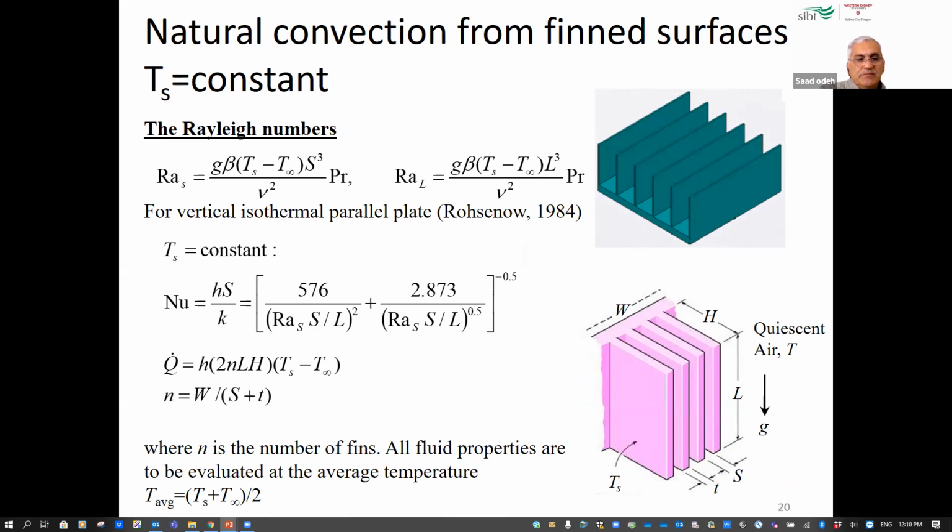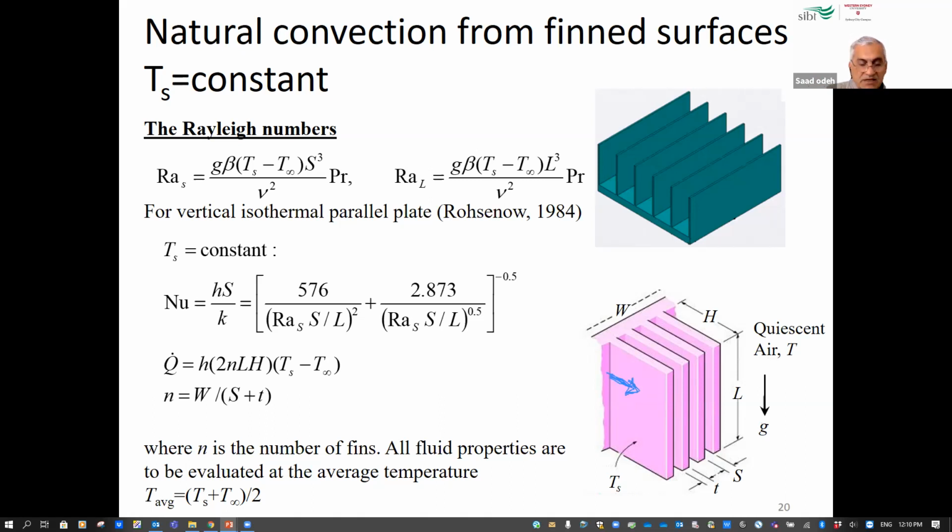And also it has some information about natural convection from fin surfaces. You remember before we talked about fins in conduction heat transfer, and we studied at that time the heat transfer inside the fin.